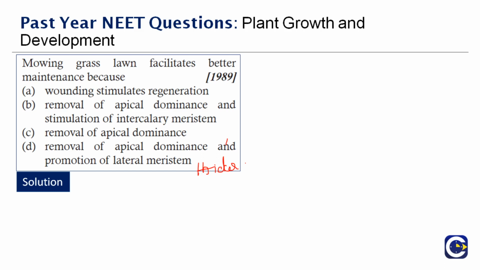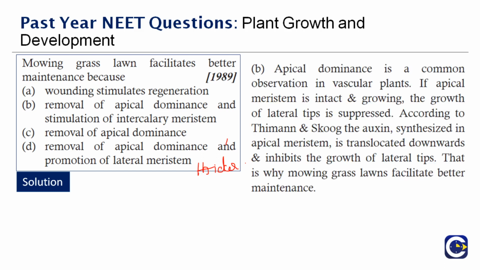So what happens here? That is why mowing of grass lawn will facilitate better maintenance. Therefore, when you remove the apical dominance, automatically the grass will grow thicker and spread fast. So mowing of grass lawn facilitates better maintenance because of the removal of apical dominance and stimulation of the intercalary meristem. The correct answer is option B.